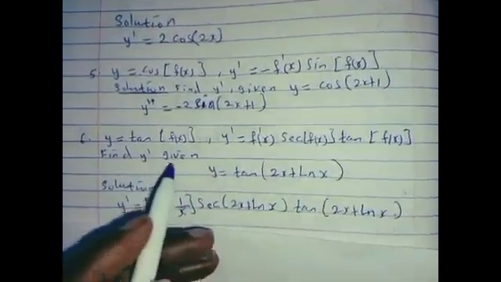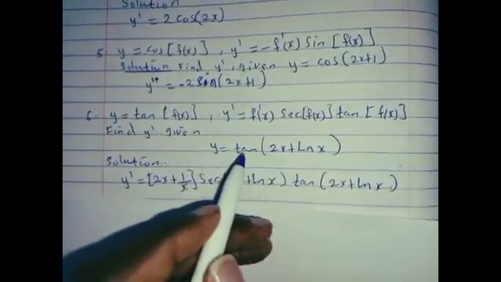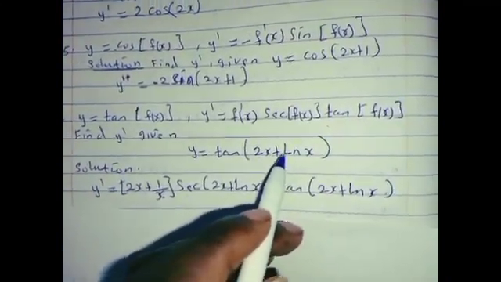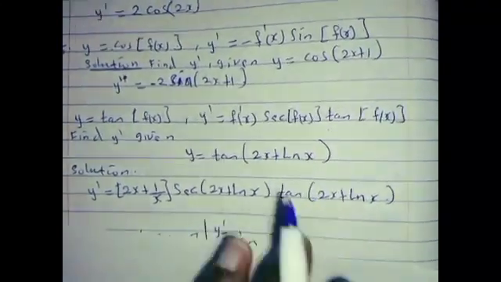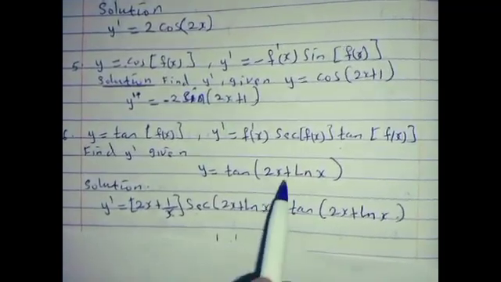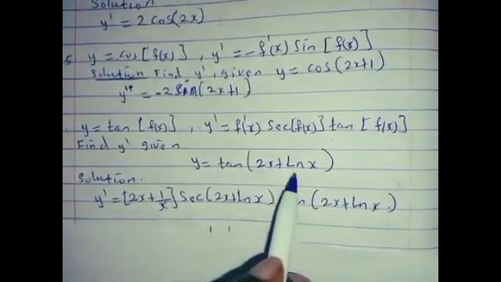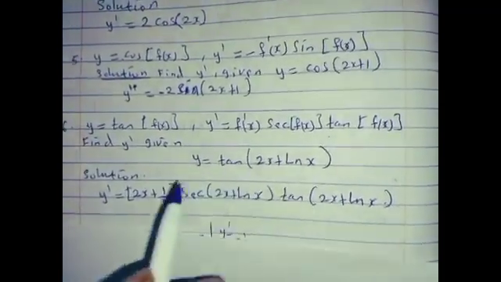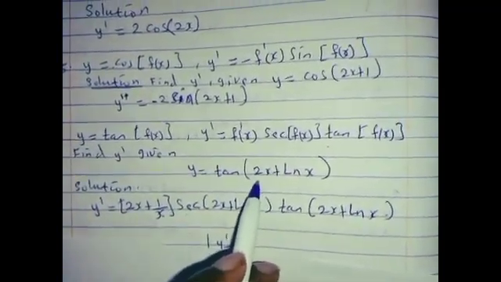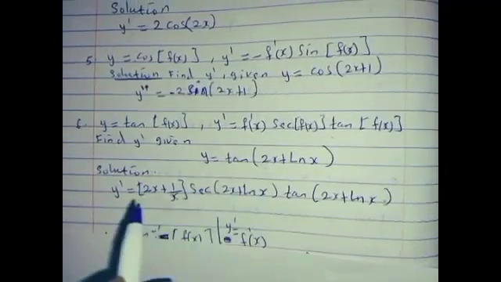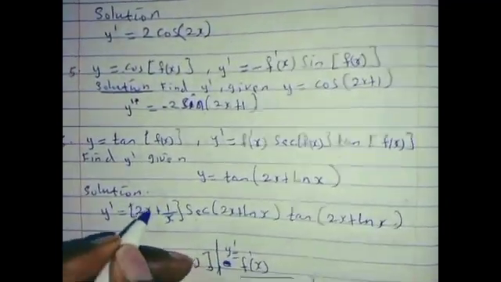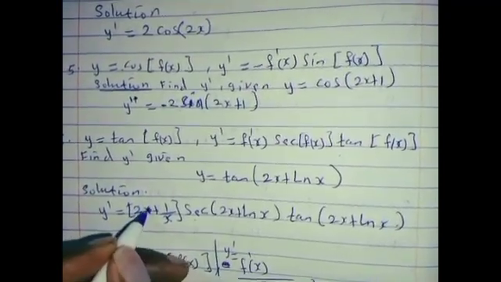For example, find y prime given that y is equal to tan of the bracket 2x plus natural logarithm of x. You differentiate first of all the function inside the bracket, 2x plus natural logarithm of x. 2 differentiated gives us 2.